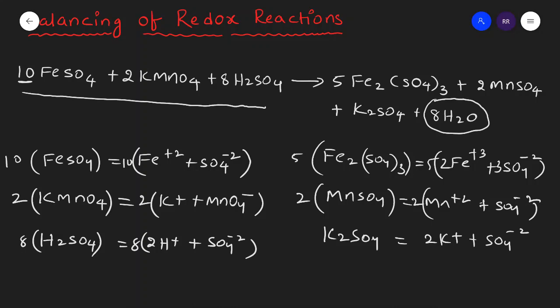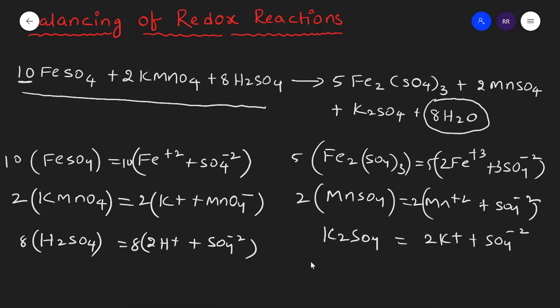I will explain about water: you don't write water as H plus and OH minus, because you should remember one important thing, that always insoluble and non-electrolytic substances should be written in formula unit form. In this equation, we have water which is a non-electrolyte. It shouldn't be written as H plus and OH minus. It has to be written as H2O only. So I'm not converting water into ionic form.